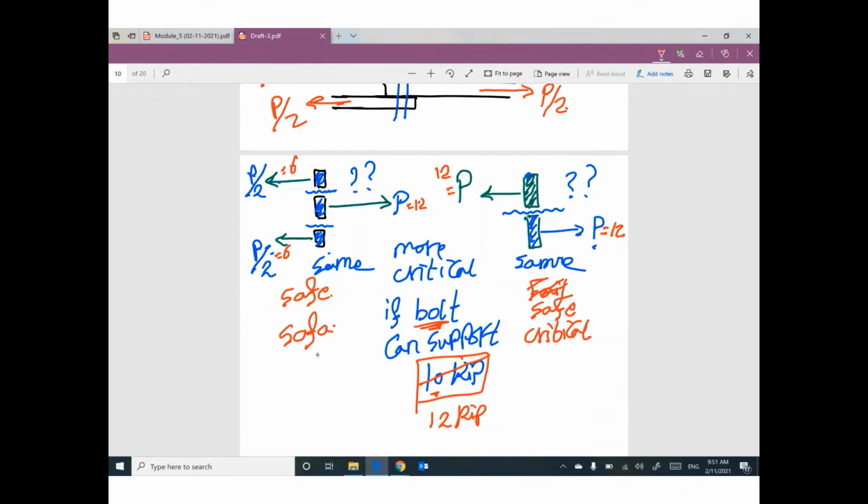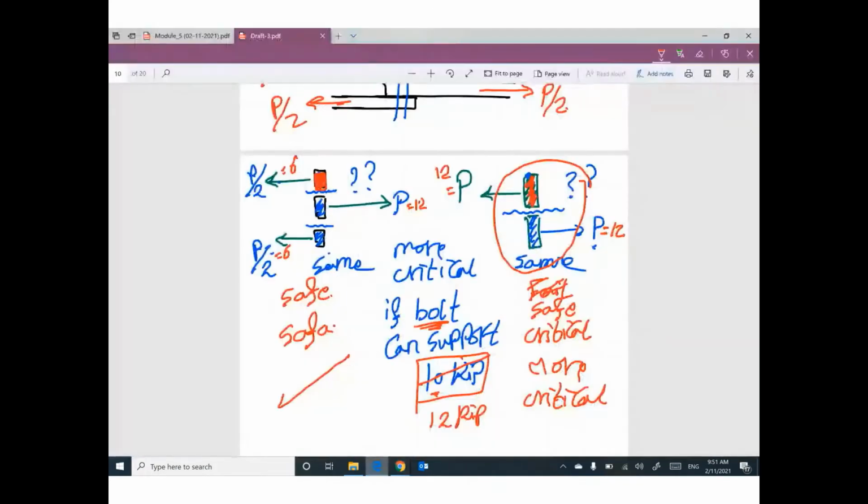Because the force on the bolt itself is P divided by 2, not P. But in this case, the force on the part of the bolt is P. So this case will be more critical than this case. This case will be stronger, more safe.